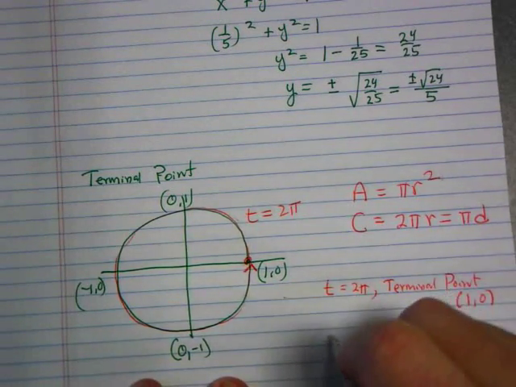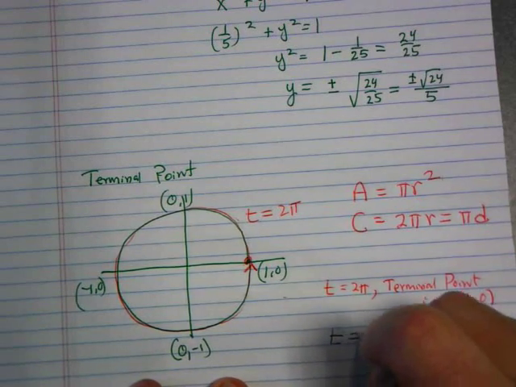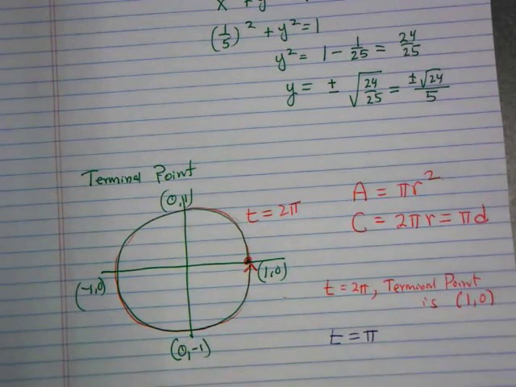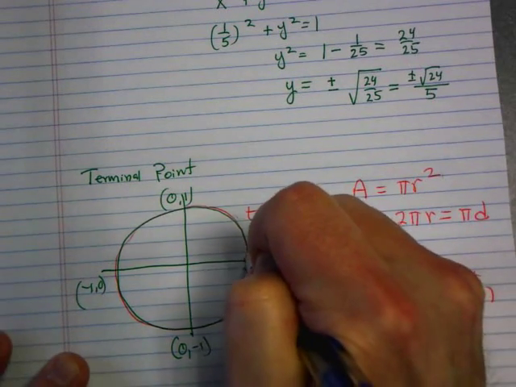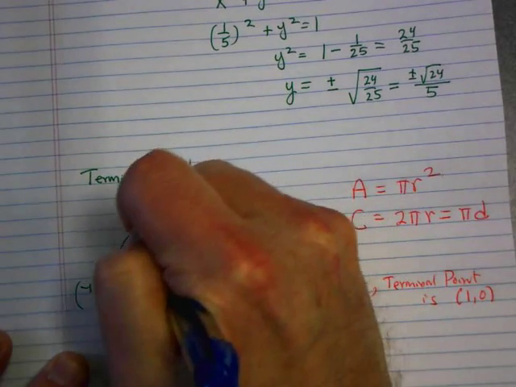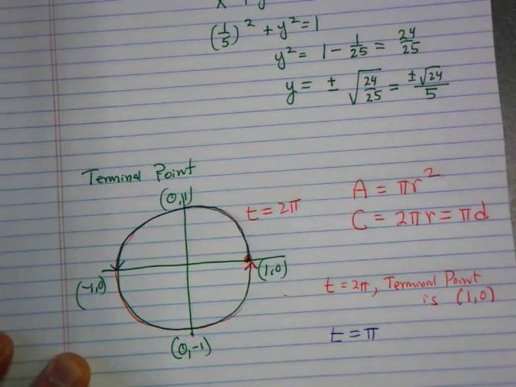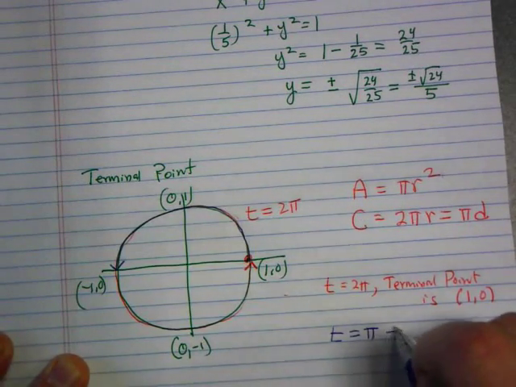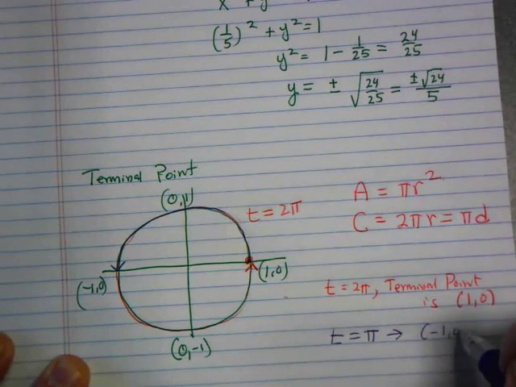What if my arc length t is only pi? Then I only went halfway around the circle. If t is pi, I've gone halfway around the circle. So what would my terminal point be? (-1, 0).